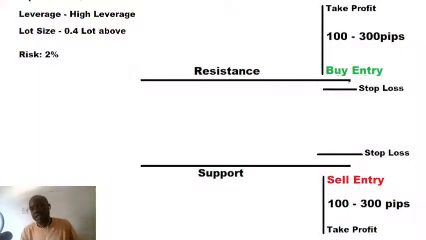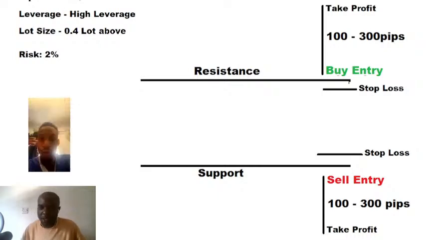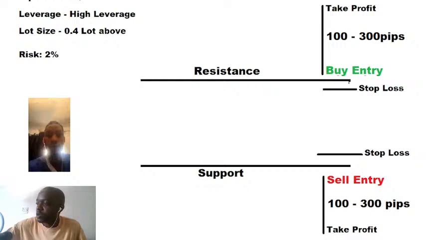So when you take a look at this now, what if we are not allowed to use 0.4 lots in some brokers? So what other lots can we use? Pardon? Can you please come again?